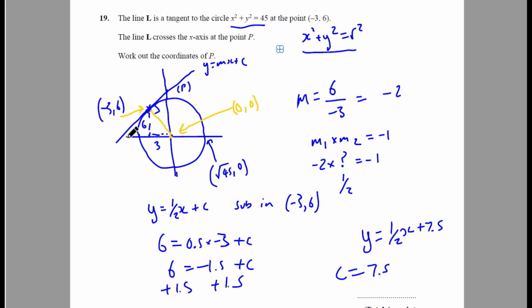So now it crosses the x-axis at this point. This is the x-axis, so we need to find P. That's not P, didn't read the question carefully. So that happens when y equals 0.